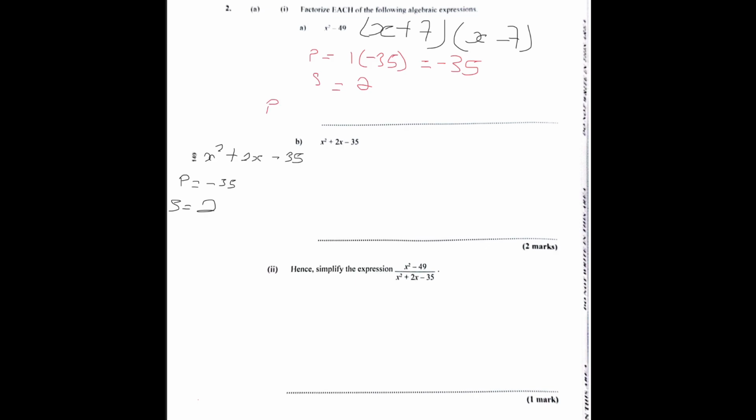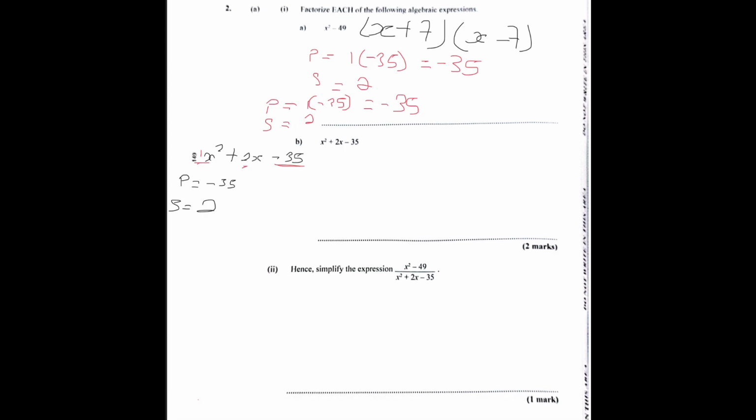For the product, we multiply the coefficient in front of x squared, which is 1, by the constant, which is negative 35. So the product is 1 multiplied by negative 35, which gives us negative 35. And the sum is the coefficient in front of the x term, which is just 2.